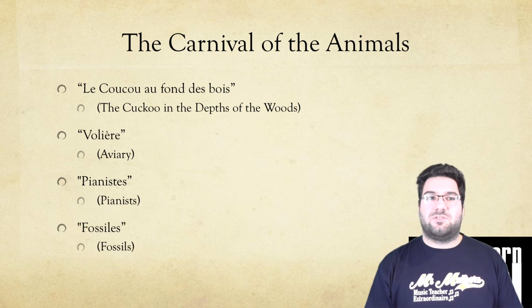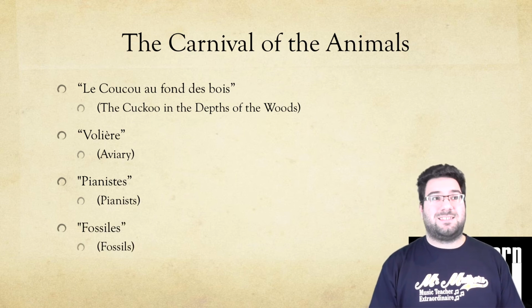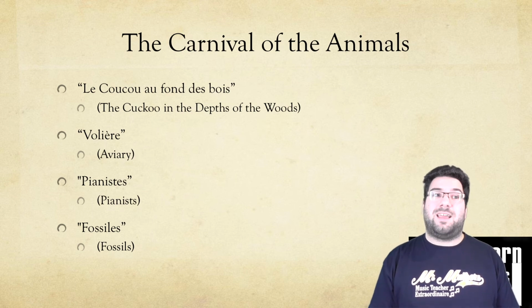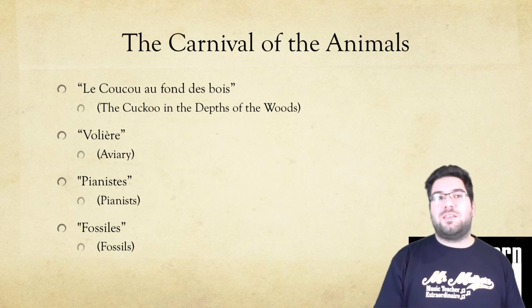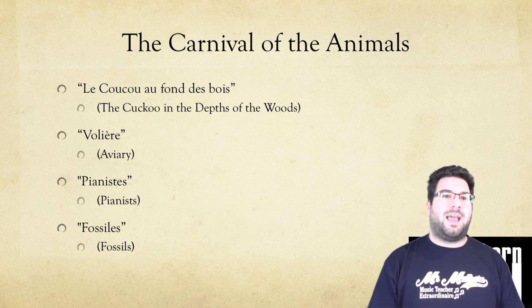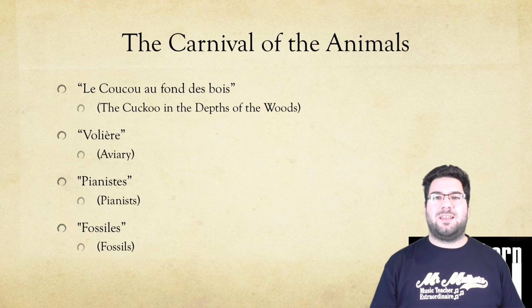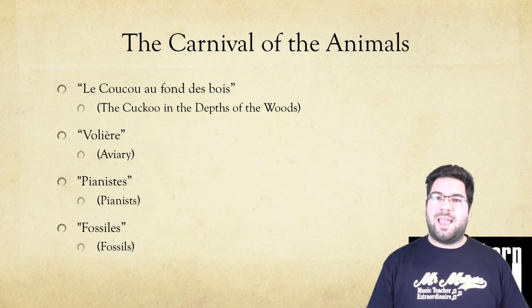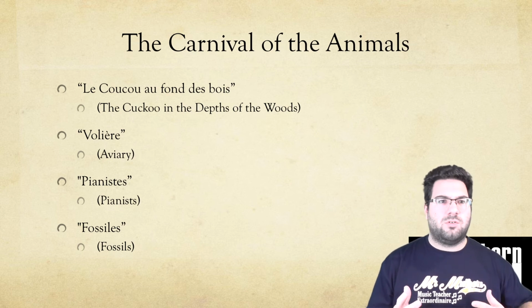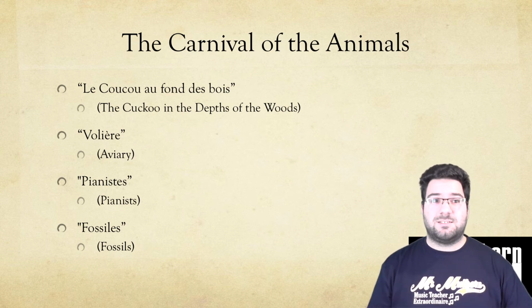The next section is called Fossils, and in this section Saint-Saëns takes a piece of his own work and hides it in here. He uses some of his composition from Danse Macabre and uses the xylophone really well in this. This section's designed to sound like bones or skeletons.